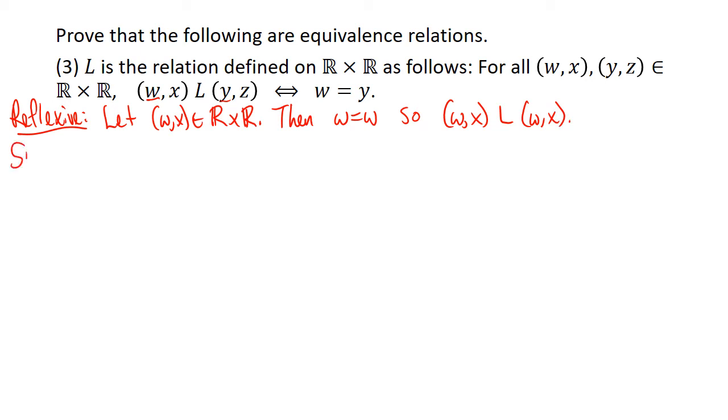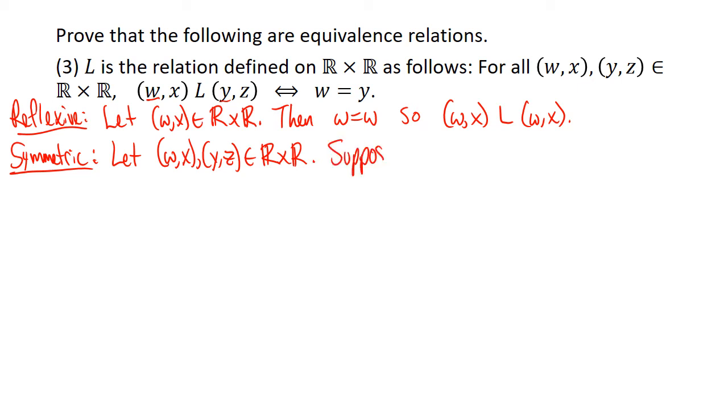All right, let's do the symmetric one. Okay, so now I'm going to take two ordered pairs. So I'm going to let (w, x) and (y, z) be in the reals cross the reals, so that's all ordered pairs of real numbers. And now I'm going to suppose that these two are related to each other by L. So I'm going to suppose that (w, x) is related by L to (y, z).